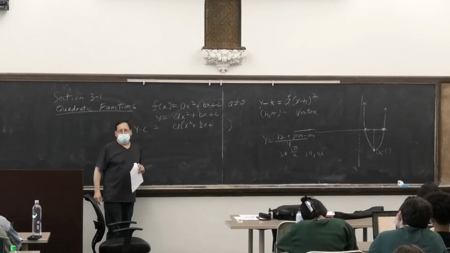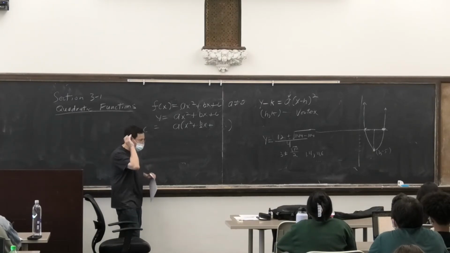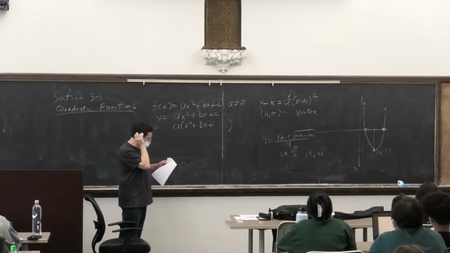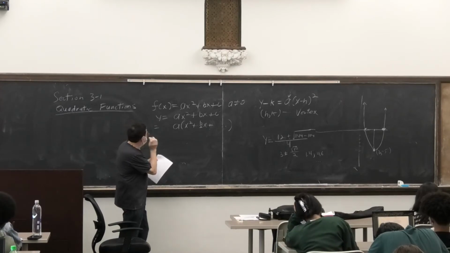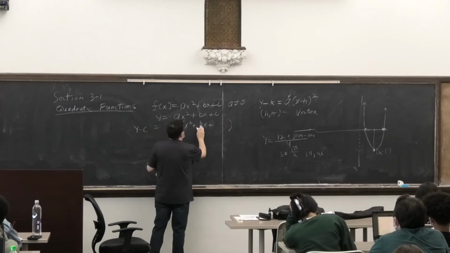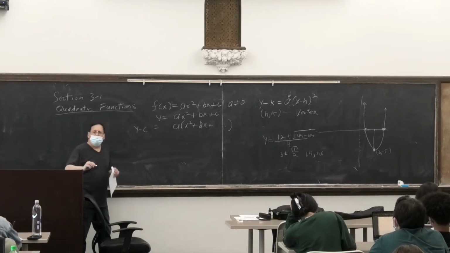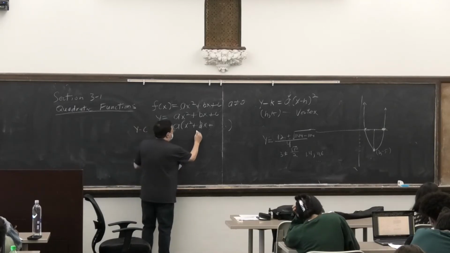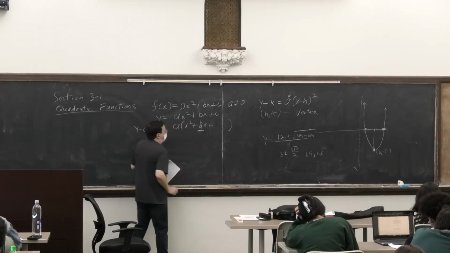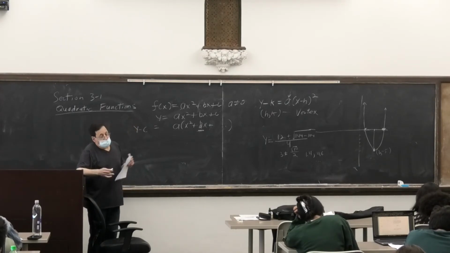So what do I need to complete the square? This is my b over a. What do I do with b over a?